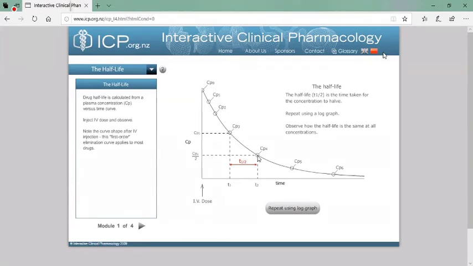Does this type of curve follow first order kinetics or zero order kinetics? First order. Yes, because you can see a constant fraction of the drug is eliminated with each half-life, isn't it? So from this, you can calculate half-life, you can calculate the duration of action of a drug.